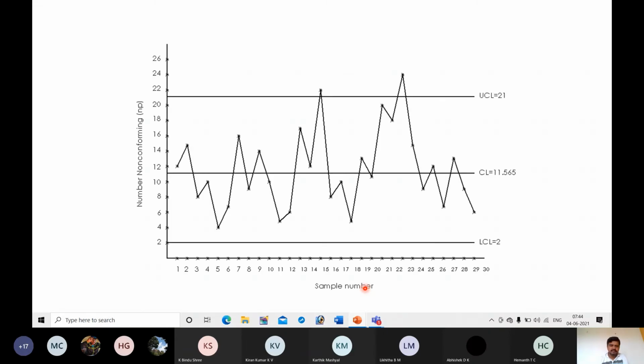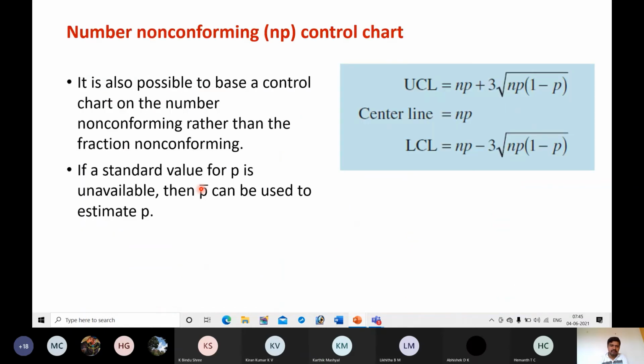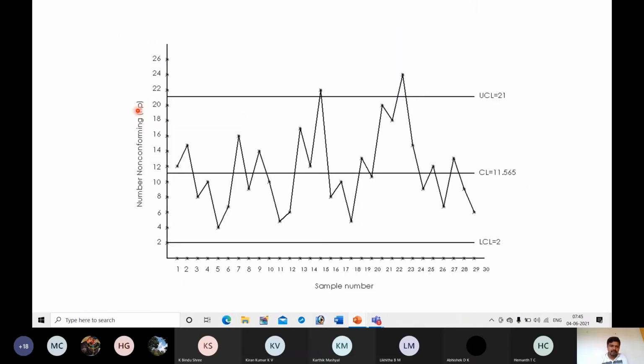Okay, next, you will plot these values. So for example, for sample 1, the number of defectives is 12. D is nothing but NP. So on the y-axis, you are plotting NP values, not P values. So for number non-conforming, you are plotting the NP value. NP is nothing but D. D is equal to NP.